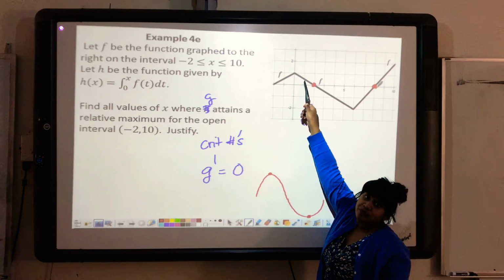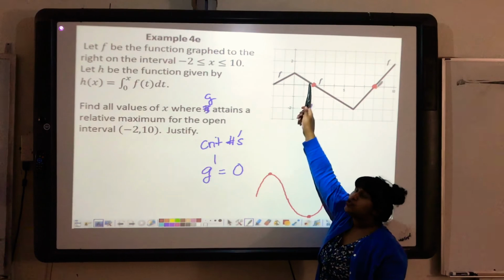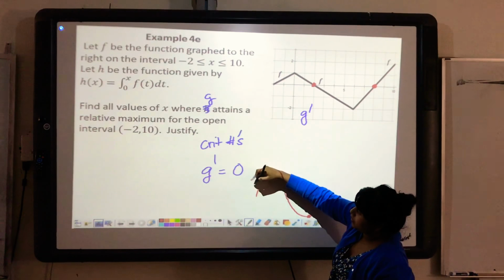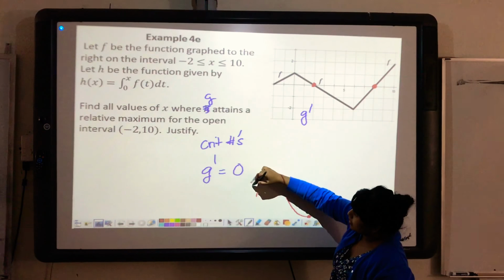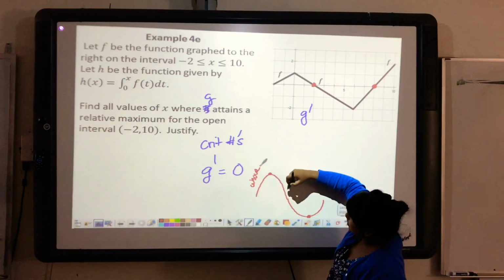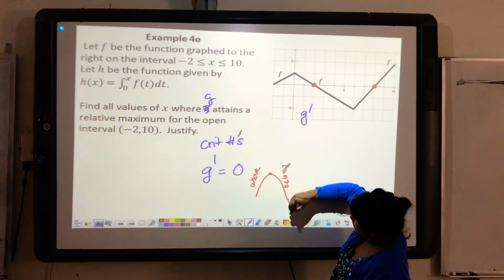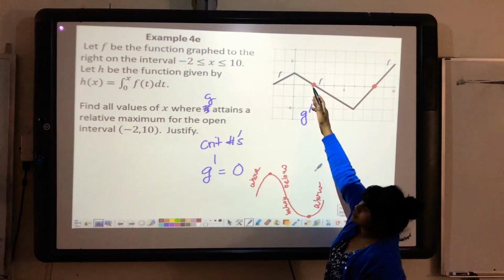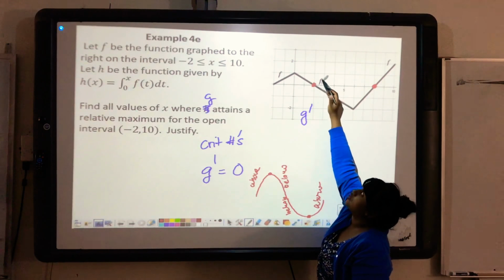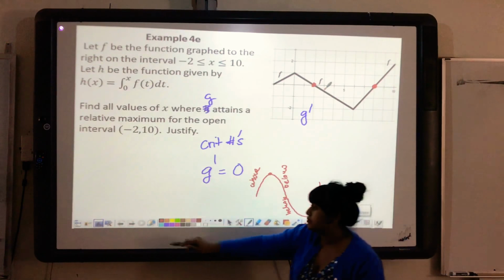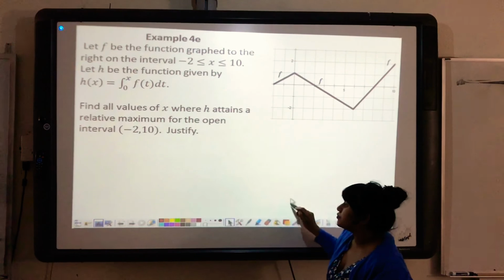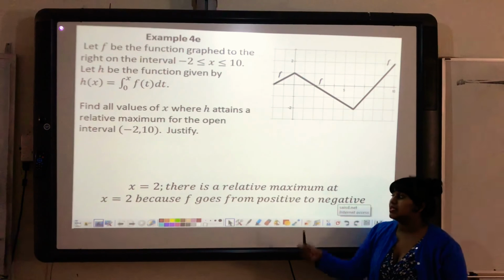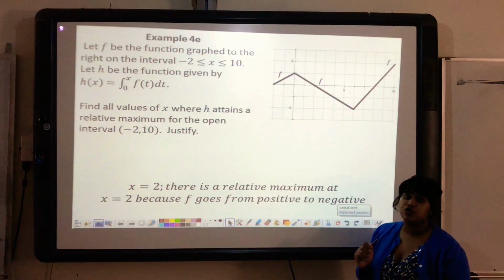Well, I'm going from above the x-axis to below the x-axis. So that's the relationship here. Above to below, and this is below to above. So we're actually going to use this one right here at 2. So x equals 2, there must be a relative maximum because F goes from positive to negative.